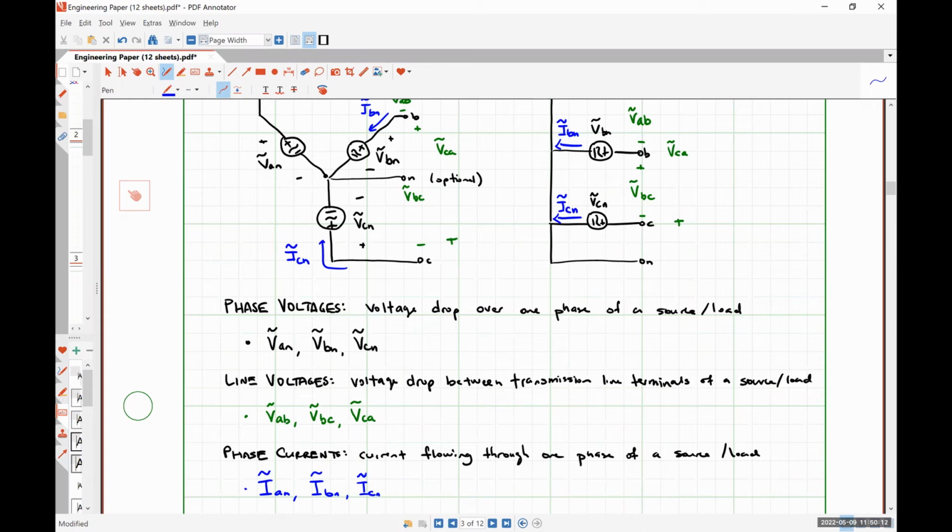So we could, if we wanted to be much more formal about this, put an impedance ZC here, ZB here, and ZA here. That's the only real reason that I could see that you would have some sort of inductance there.